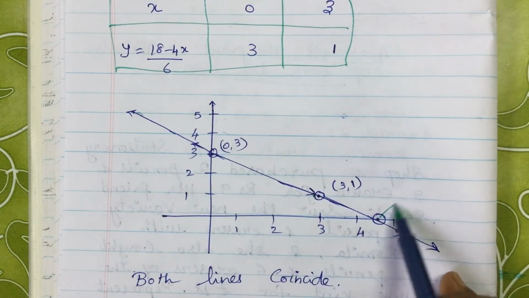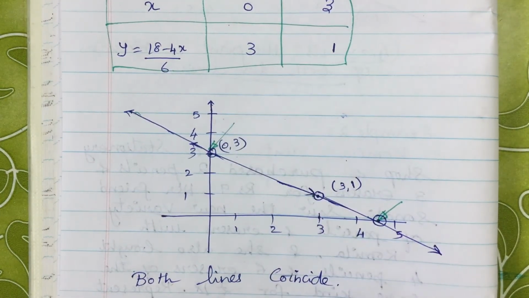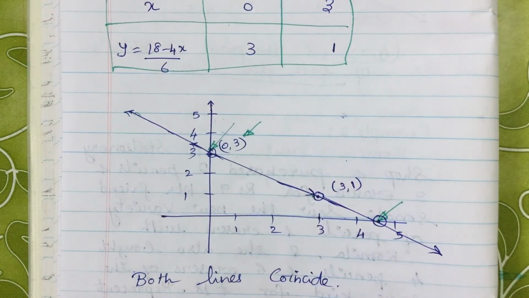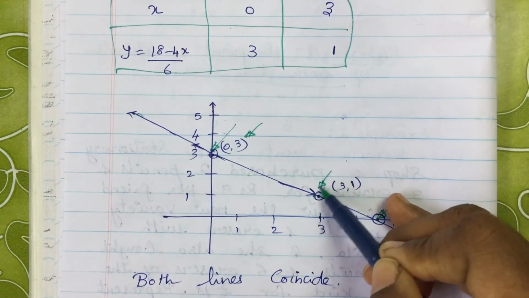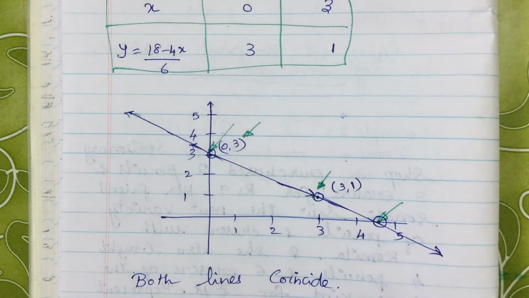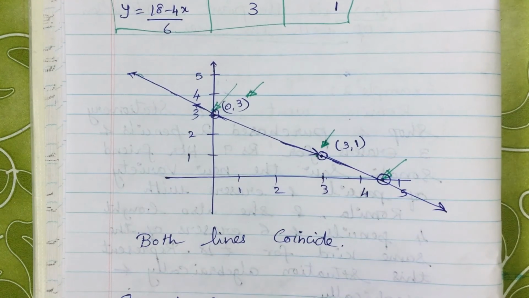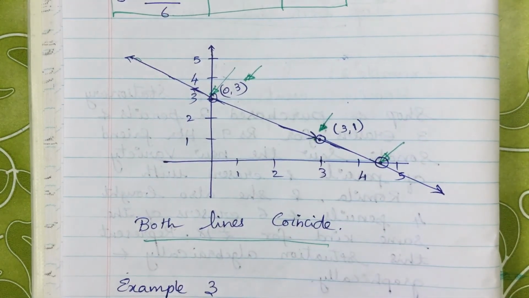The points of the second line are 0, 3 and 3, 1. After joining all these points, I observed that both the lines coincide with each other. So this is the answer for your example 2.